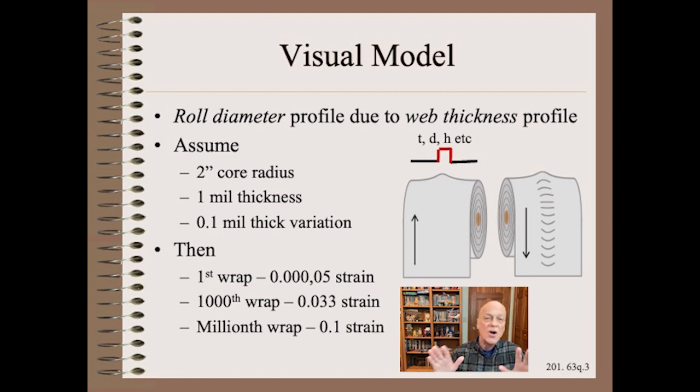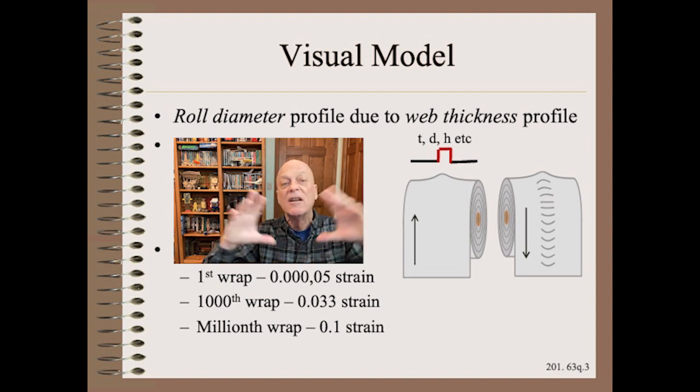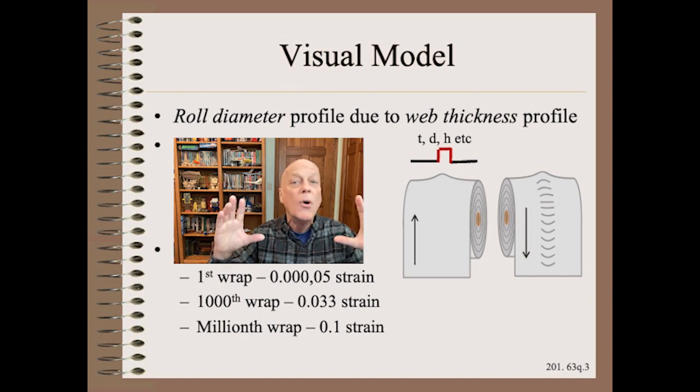Yes, as a long-time wound roll model, I am well aware that this process is far from linear. Still, despite all those legitimate objections, any analysis with any inputs is not going to change the relationship that the outside of the roll is differentially stretched far more than the layers near the core.